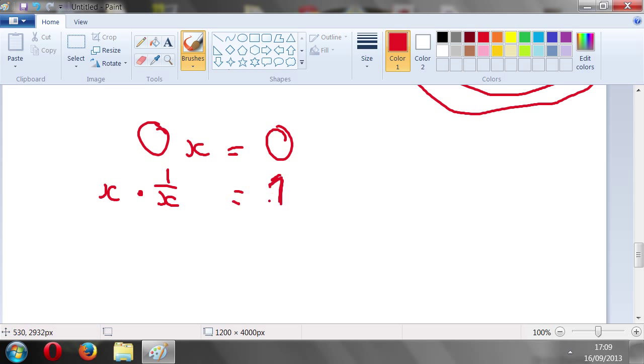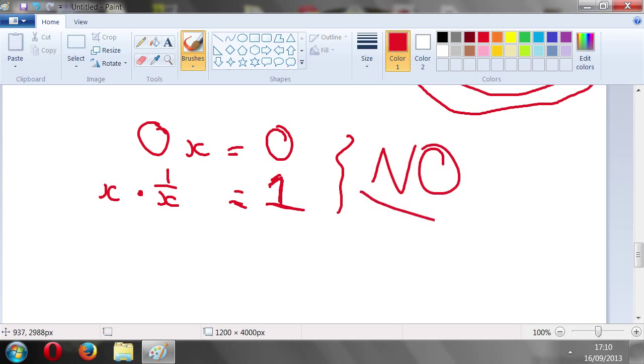In general, any number, that's going to be that. So if x is 0, that's going to be 0 times 0 is 0. If x is 0, it's going to be 0 times 1 is 0, which would have to be 1. But obviously, it doesn't make any sense.